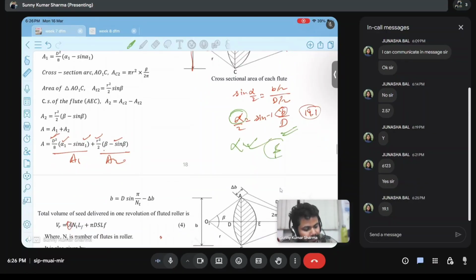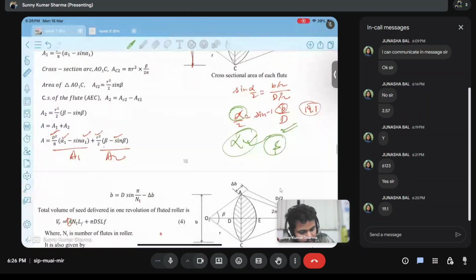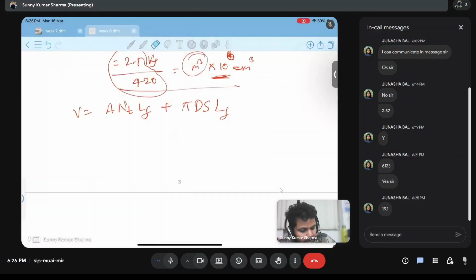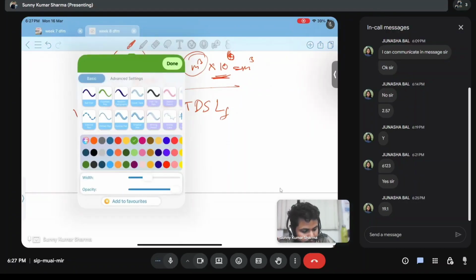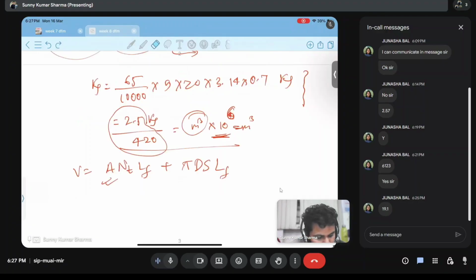Similarly, you get beta. Once you get alpha and beta, you will get this area. So this area will be known to you, and T is given, the number of foots is given.